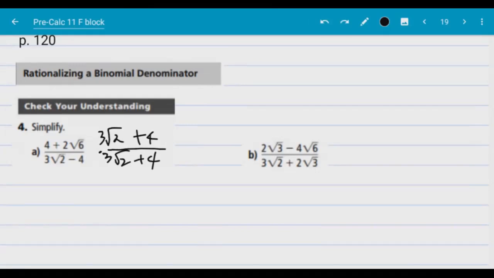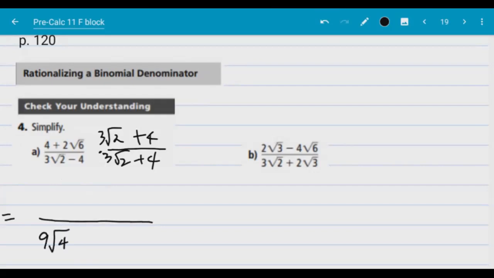The denominator would be the difference of two squares. So really, you don't even need to do FOIL. You just multiply the first terms, 3 root of 2 times 3 root of 2. So these two would be multiplied. And that's like 3 root of 2 multiplied by itself. That would be 9 root of 4.